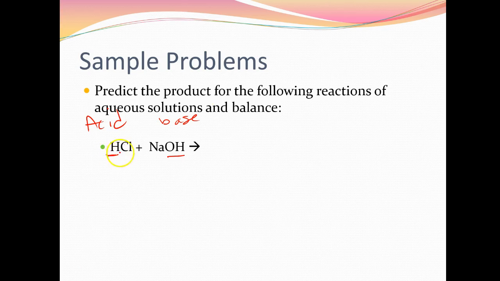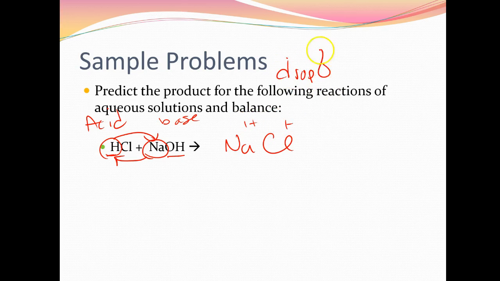The way it works is the cations trade places just like they do in double replacement, which means you're going to have the Na with the Cl and you're going to drop and swap. So that's still true, drop and swap, just like in double replacement. And you're going to have H1 plus with the OH 1 minus.